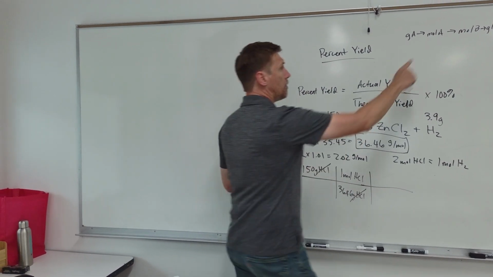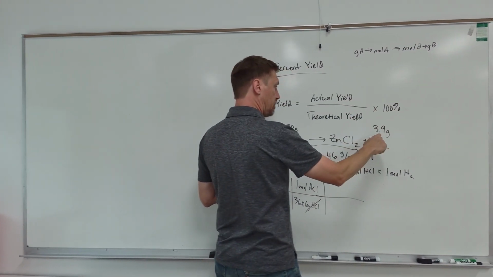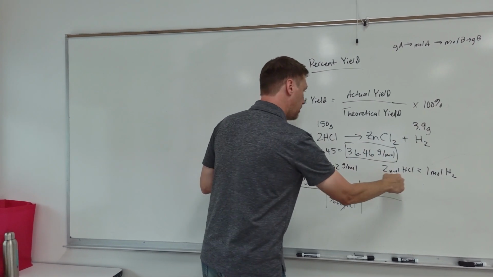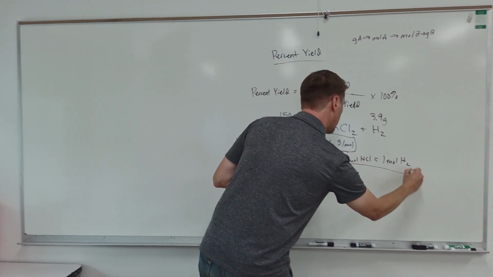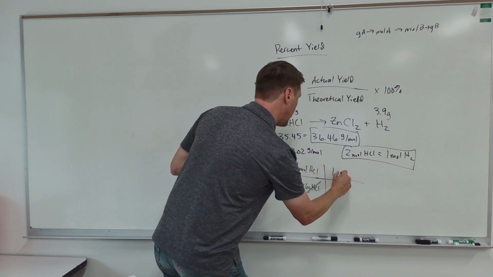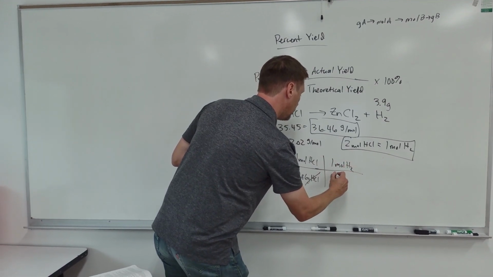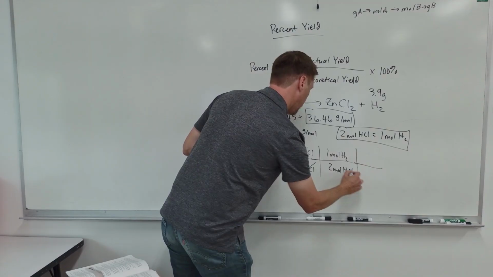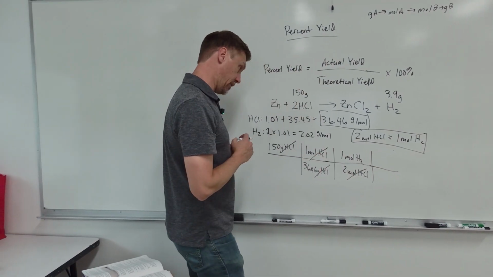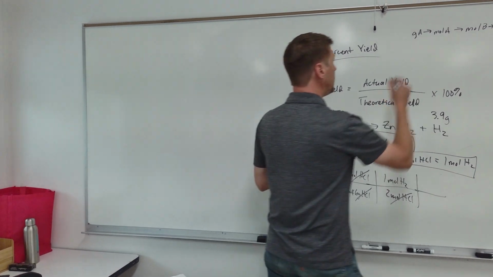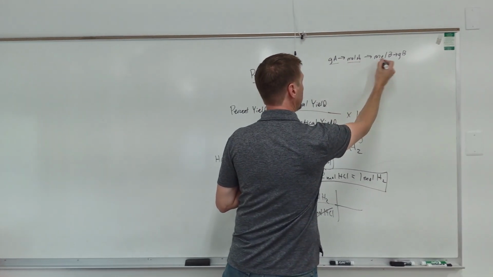Then we've got to go from moles of A to moles of B. Our substance B in this case is hydrogen, H2. And so we know from this relationship right here that for this chemical equation, 1 mole of H2 is equal to 2 moles of HCl. Moles of HCl cancel out. So that gives us the moles of B. So we've gone from here to here to here.